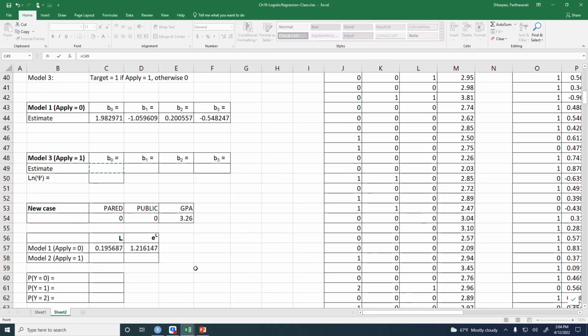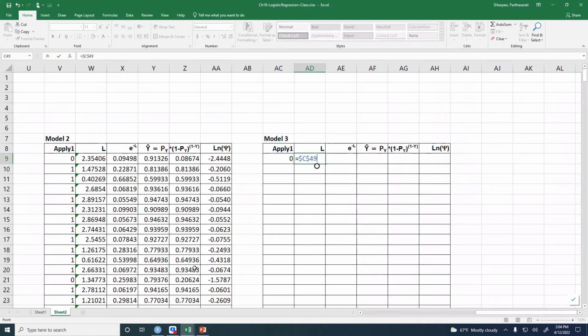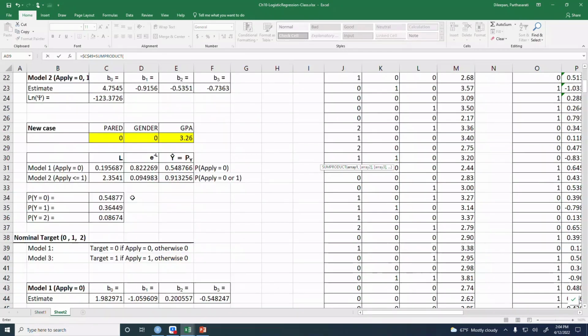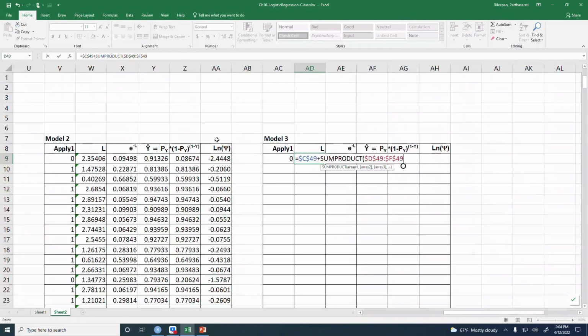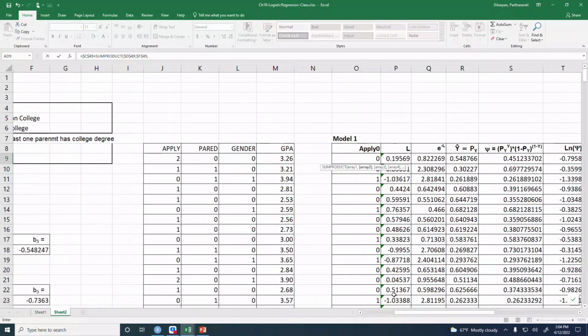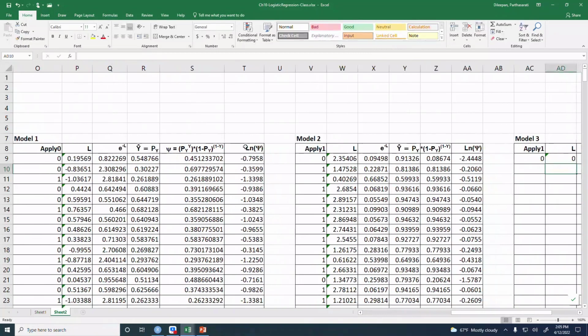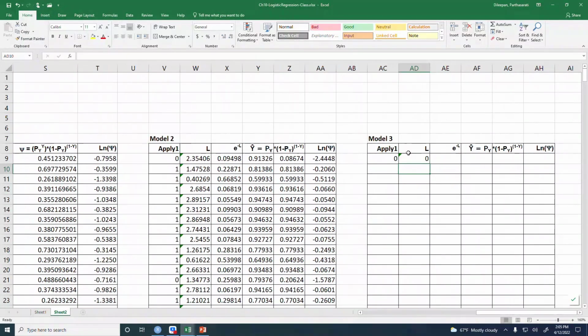So we have B sub 0, C49, we have to absolute reference that, plus the sum product of these 3 cells, absolute reference that, and these 3 values. So that's our L.